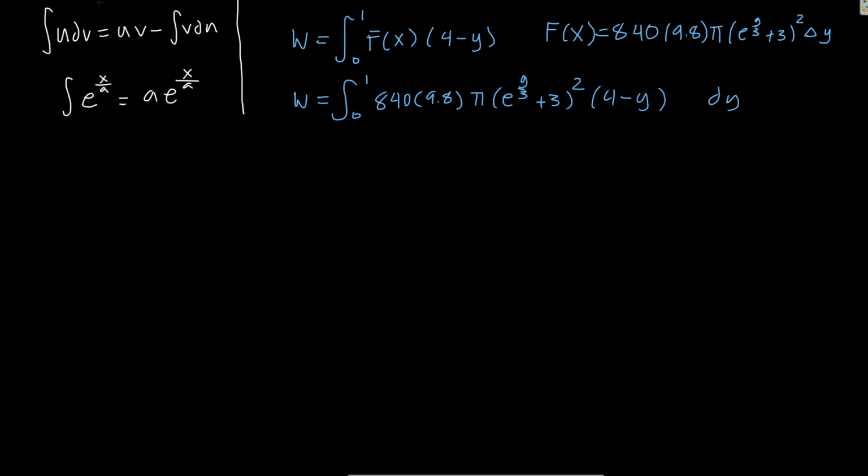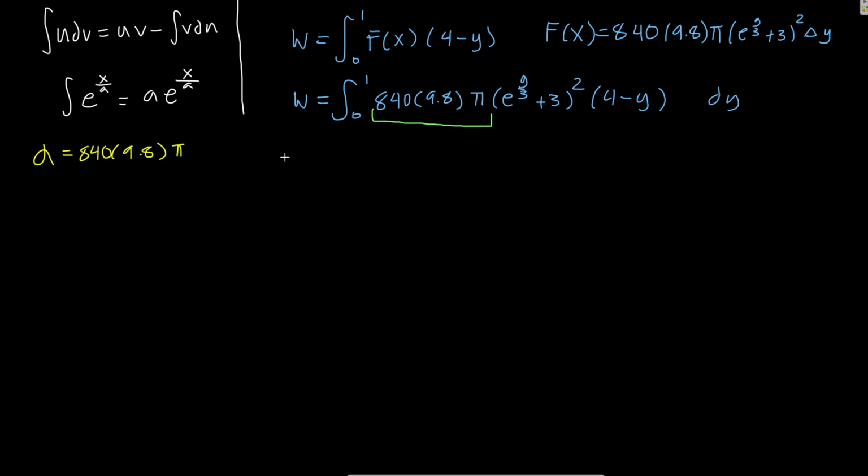And if you notice, this entire component of the integral is actually a constant. Because it's being multiplied by the rest of the contents of the integral, we can comfortably remove it outside of the integral. For the sake of saving space in the rest of this video, I'm going to use the character alpha to denote 840 times 9.8 times pi.